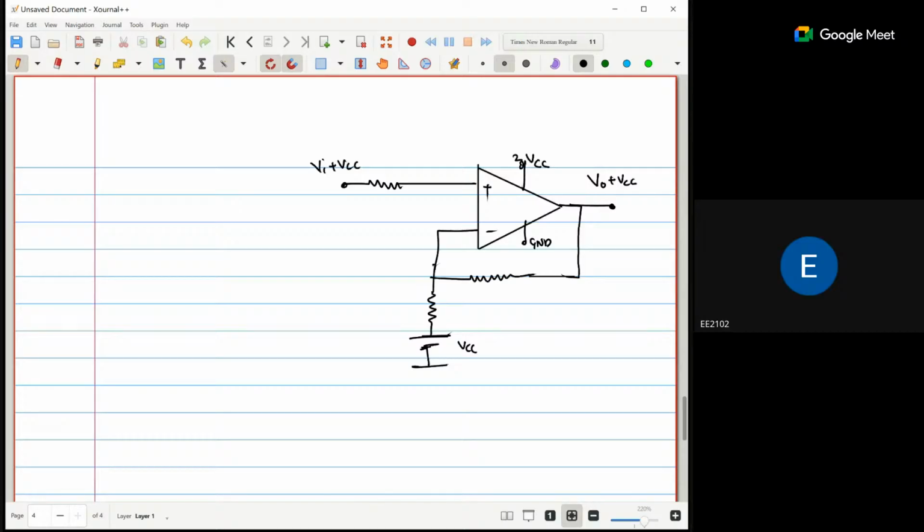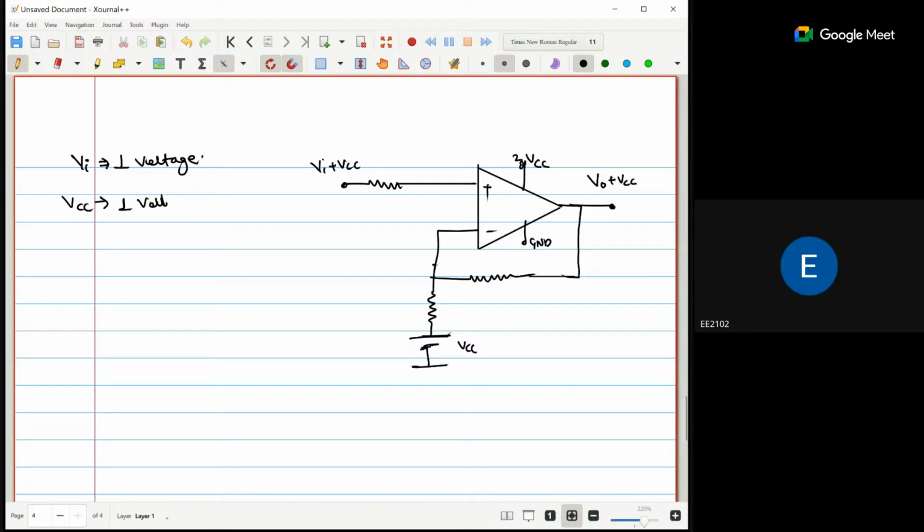Okay. Now again the thing is that Vi is a 1 voltage and VCC again a 1 voltage.